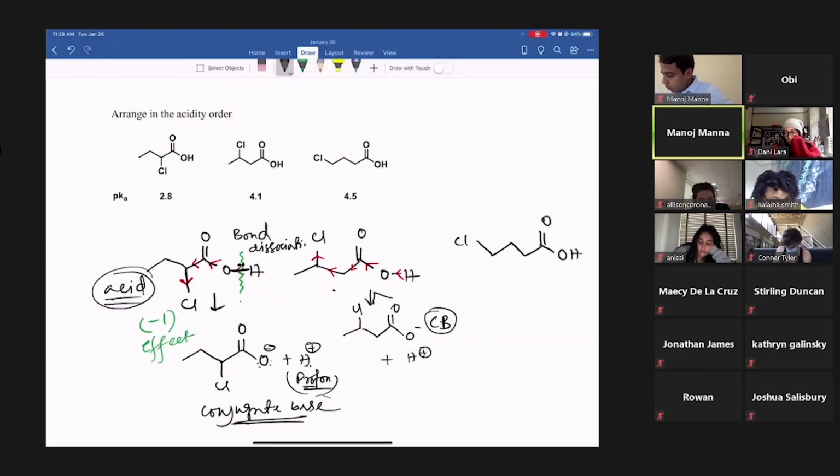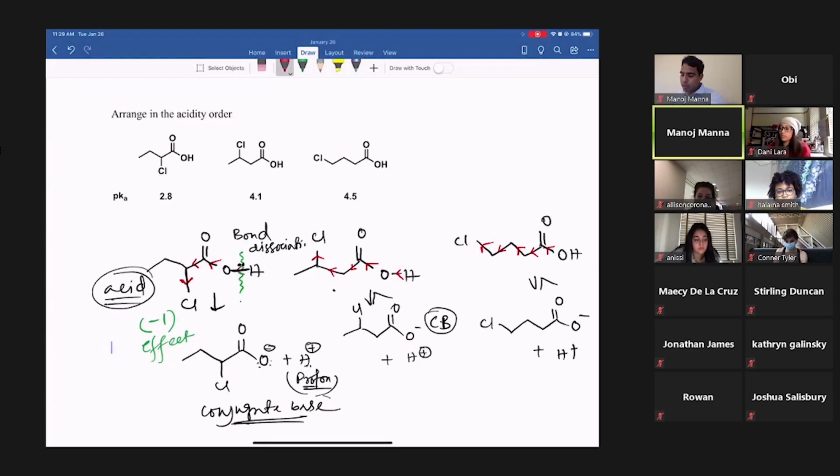Now here again, if you consider this molecule, same way, with a reversible sign, you have Cl double bond O minus plus H plus, right? Clear? But the interesting part is, among the three molecules, which one is most acidic?